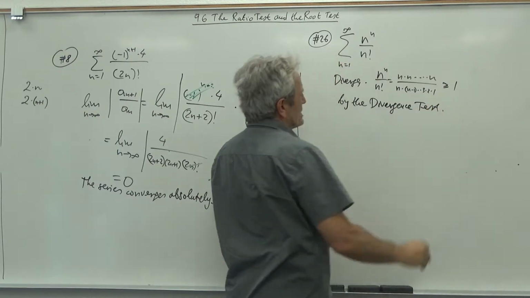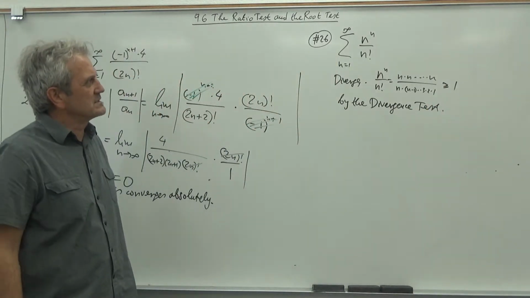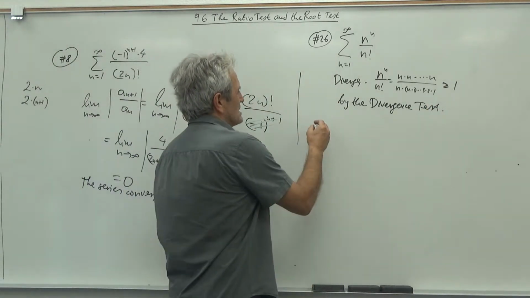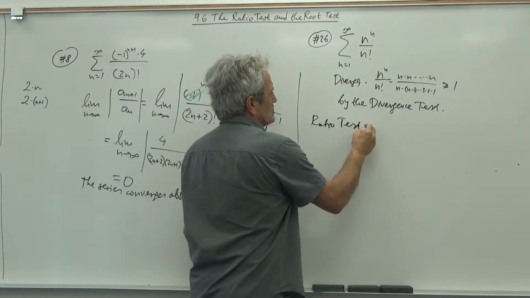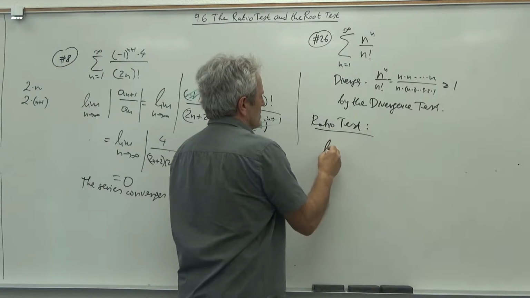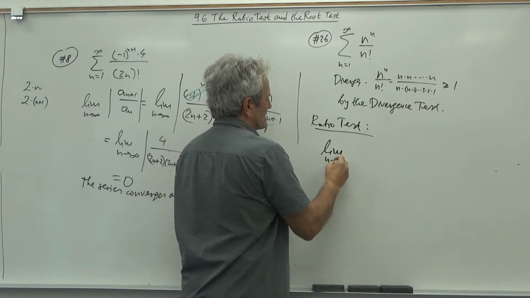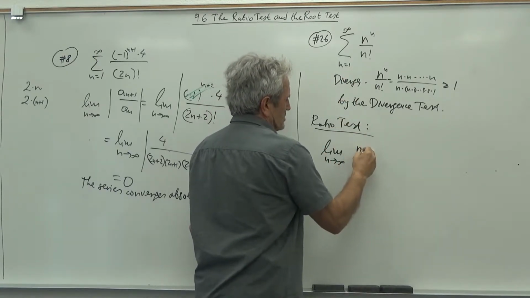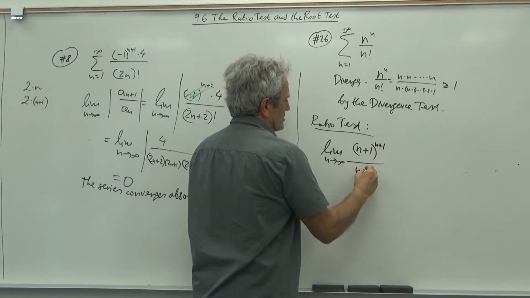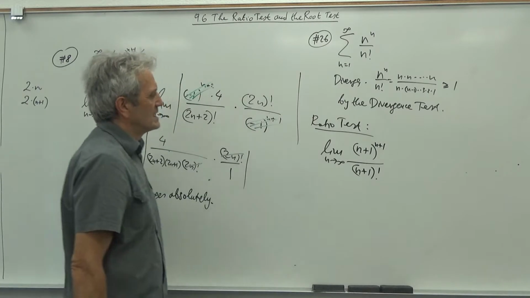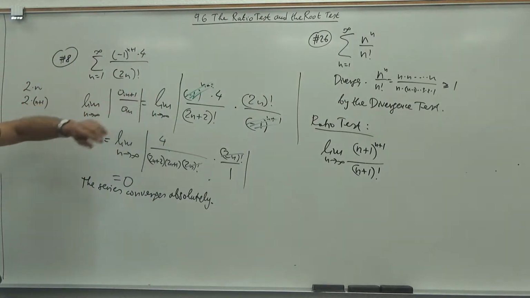Let's illustrate our ratio test. As I said, it's a little more work than necessary. It's a ratio test. How do you do it on the exam, however? As long as it's mathematically correct. So I'll take (n plus 1) to the (n plus 1) over (n plus 1) factorial. So that's my term a_(n+1).